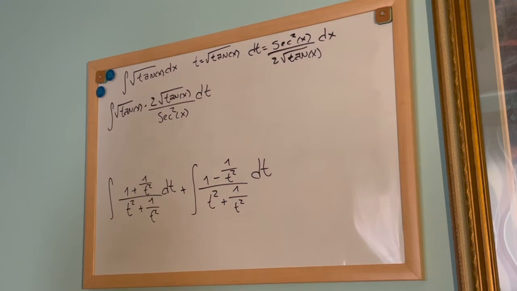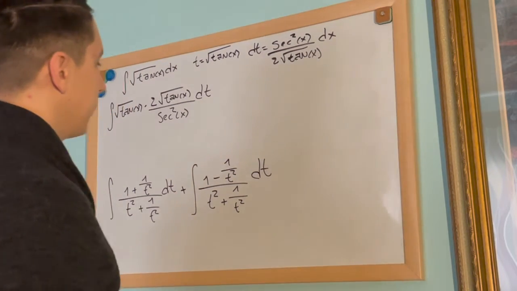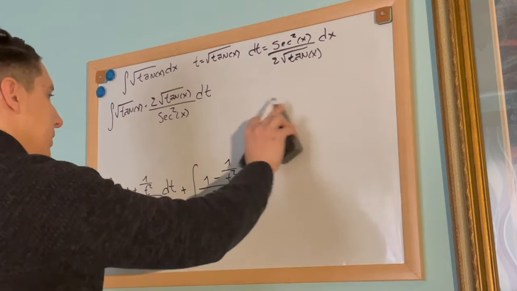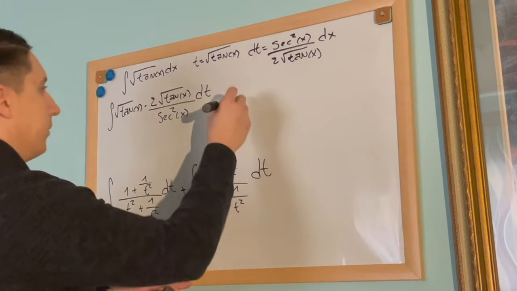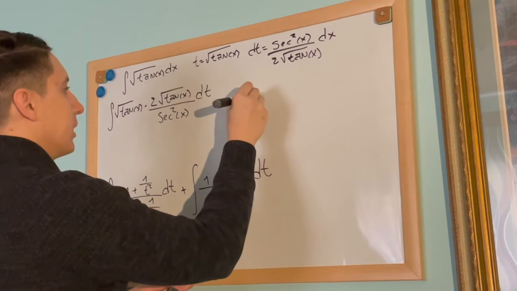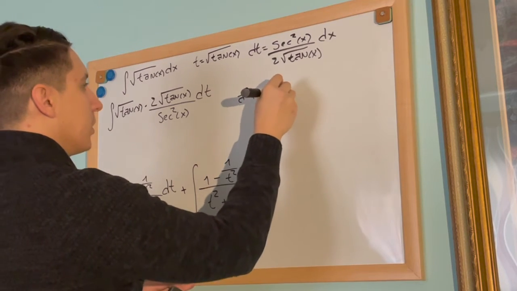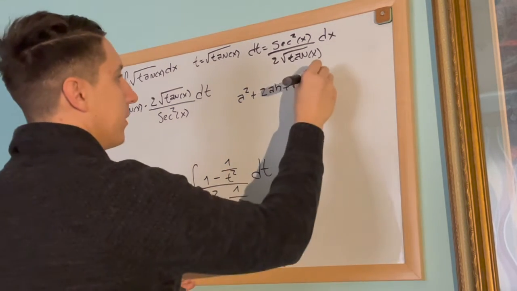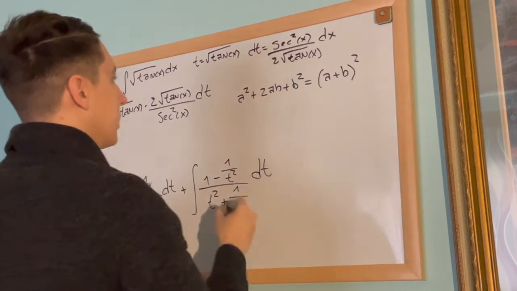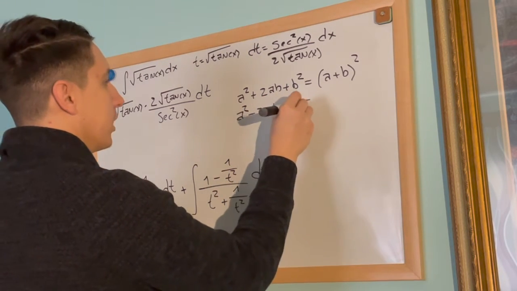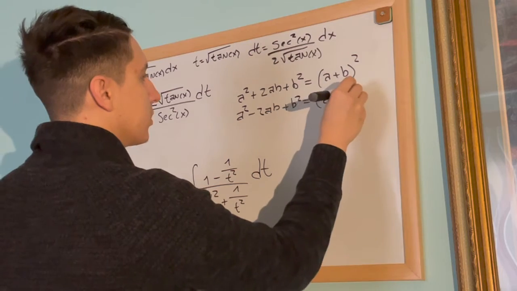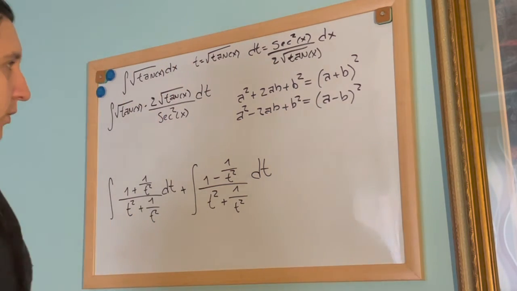Now, what we can do next here is add some other terms, and you're going to wonder why we're doing it, but the reason is that we can utilize this algebraic formula, which basically says if you have a squared plus 2ab plus b squared, you have a plus b squared. And if you have a squared minus 2ab plus b squared, you have a minus b squared. And that's going to be very useful for us in a second.